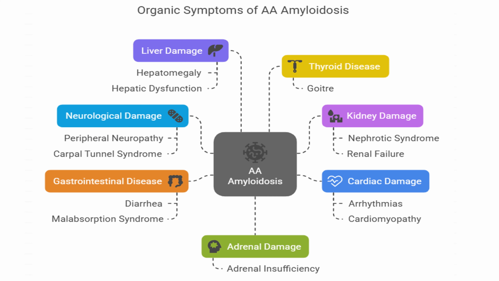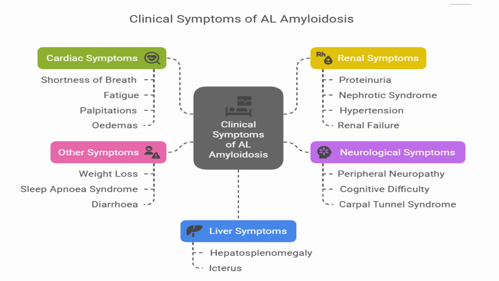But in AL amyloidosis, cardiac symptoms are the first, with shortness of breath, fatigue, palpitation, and edema. We can have also weight loss, diarrhea, and sleep apnea syndrome. It can be associated with hepatosplenomegaly and icterus, with peripheral neuropathy, cognitive difficulty, and carpal tunnel syndrome.